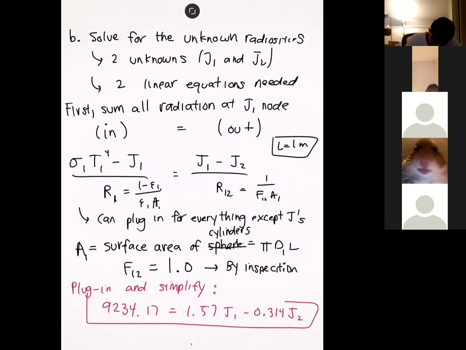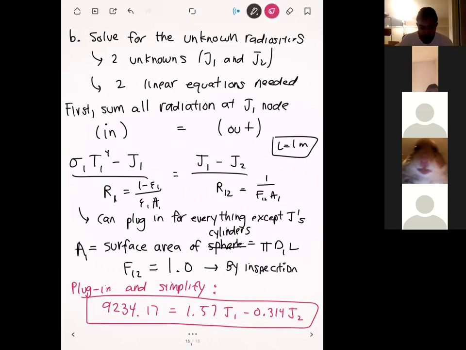And this is our first equation for the radiosities. You can see it by itself, we're not able to solve it, because J1 is an unknown and J2 is an unknown as well. In order to solve this, we need one more equation that involves J1 and J2. For that other equation, we're going to sum up the radiation around the J2 node. Any questions on this?